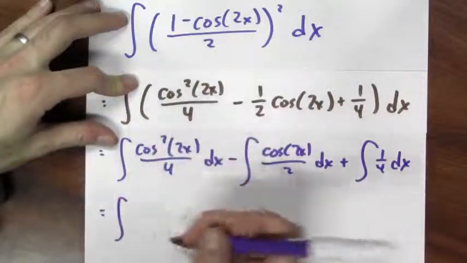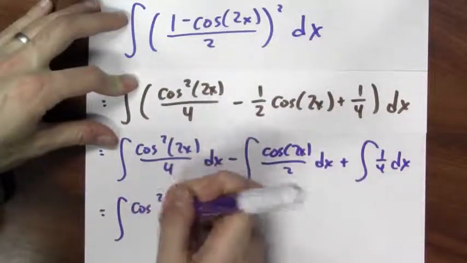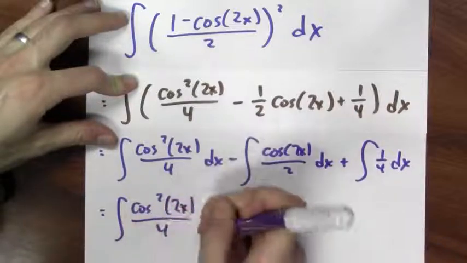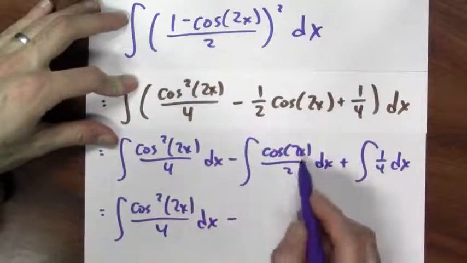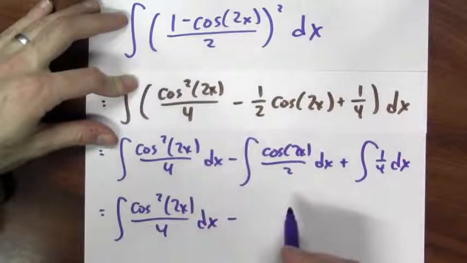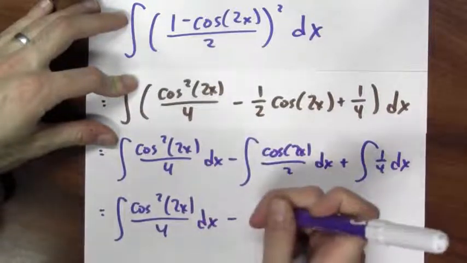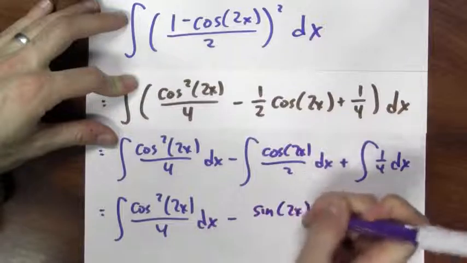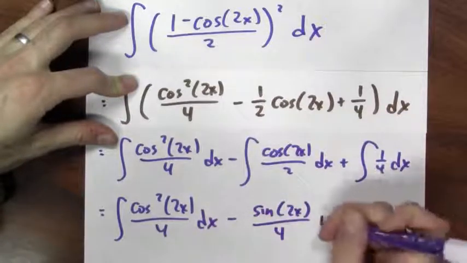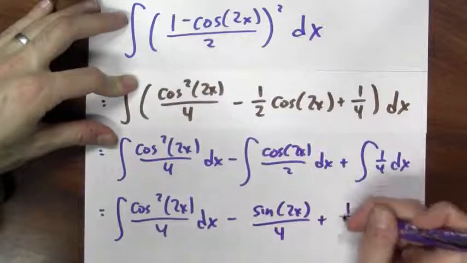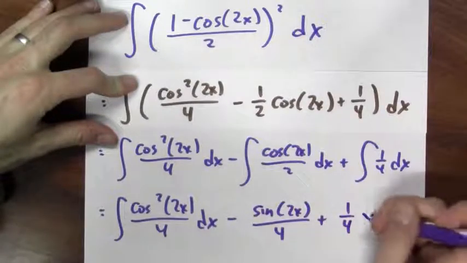I'm just going to copy down this one again, the integral of cosine squared 2x over 4 dx. This here, well, I could do this by making a substitution, u equals 2x, say, and then I'll get that this is sine of 2x divided by 4, and if I integrate 1/4, I get 1/4 x.